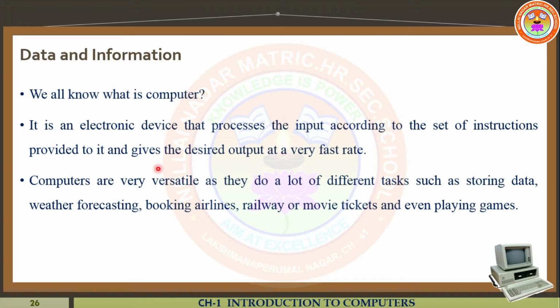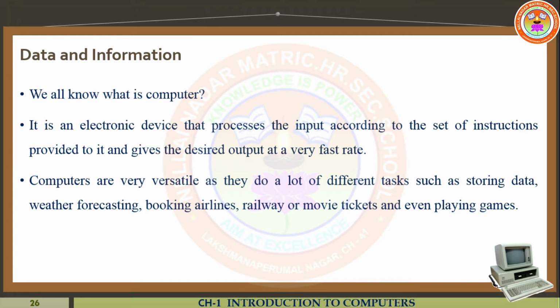It does a lot of different tasks such as weather forecasting, booking railway and movie tickets, e-commerce activities, banking transactions, storing data, even playing games, etc. Nowadays we do all of these with the help of this machine. Am I right? Yes. So this is the information regarding the computer.